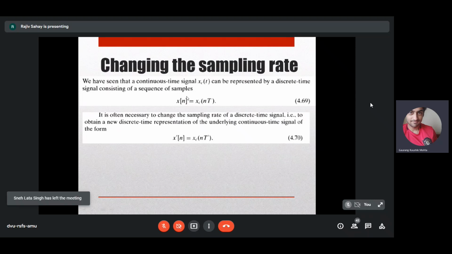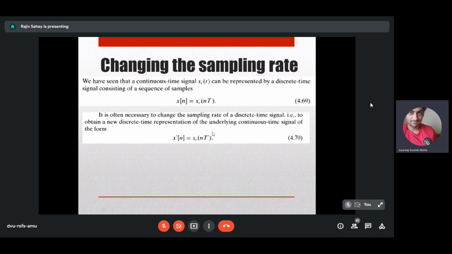So now you see, suppose I'm given a signal which has originally been sampled with a sampling rate or sampling time period T, that means I got some 500 samples out of a continuous time signal. Then I want to change the sampling rate of the discrete time signal. That is, I want to now get maybe 200 samples out of that same continuous time signal.